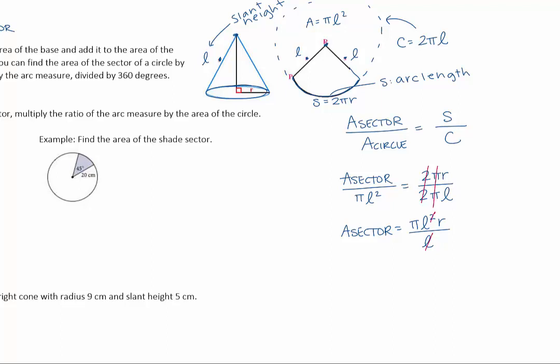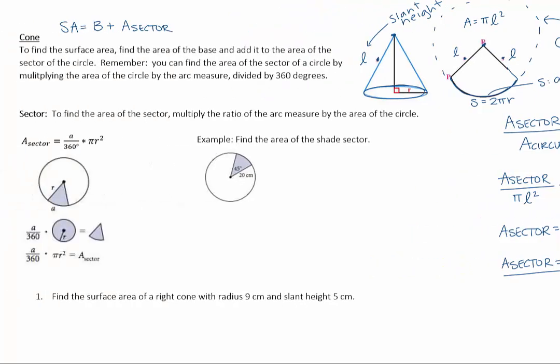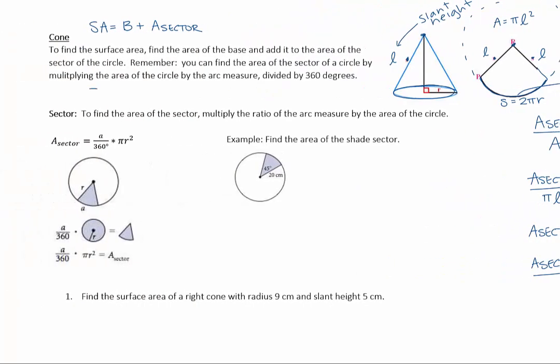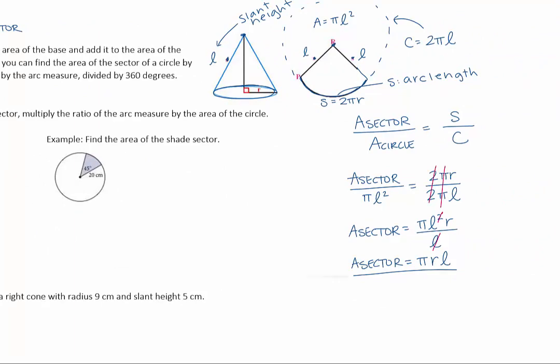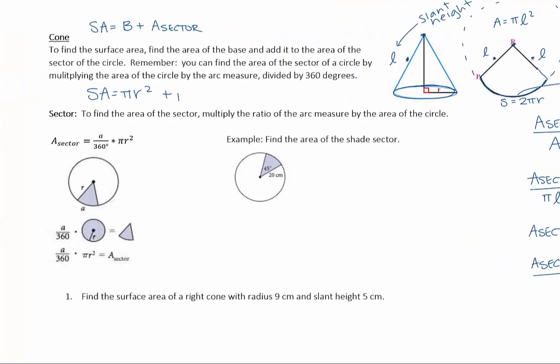And so all I'm left with is the area of the sector to be pi r L. So I can take that and I can add it over here. So the surface area is the base, which is pi r squared, plus that area of the sector, which we found to be pi r L, or like Pearl.